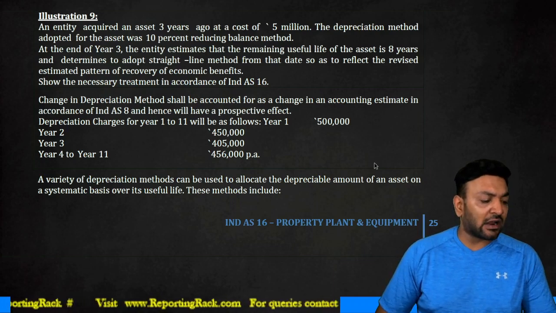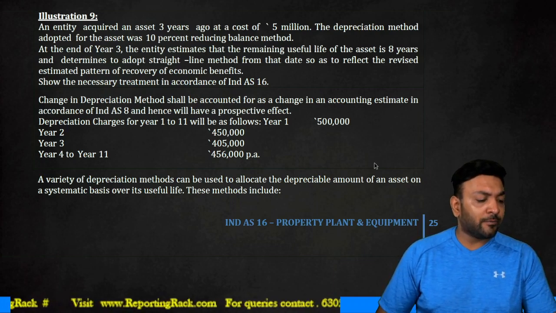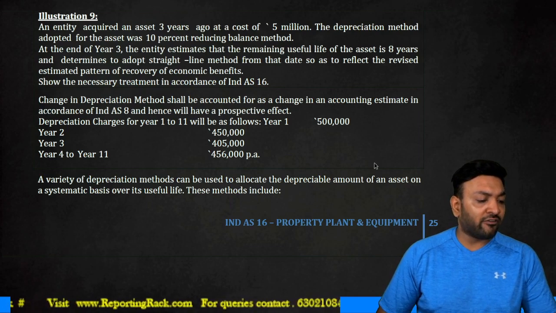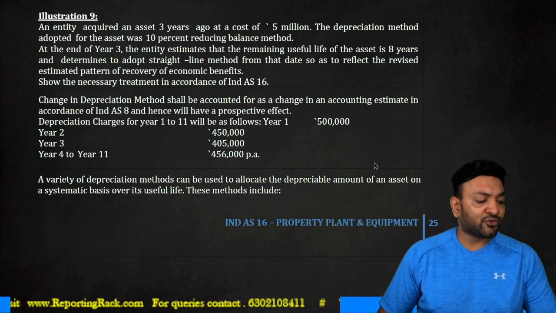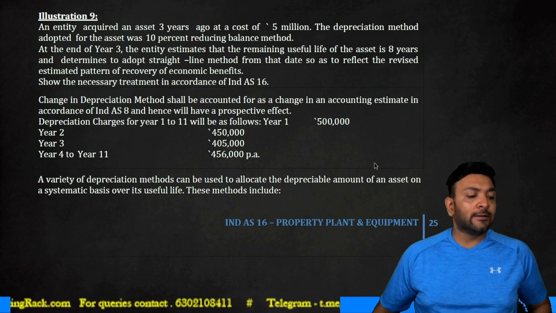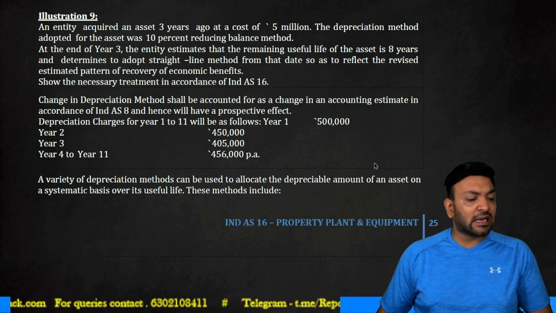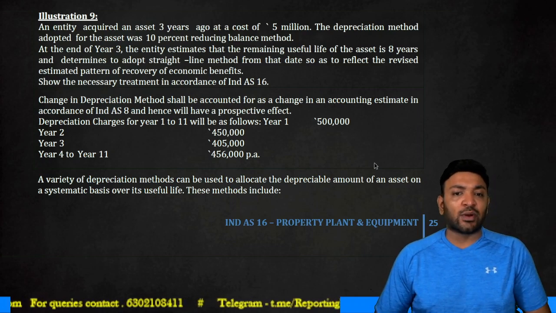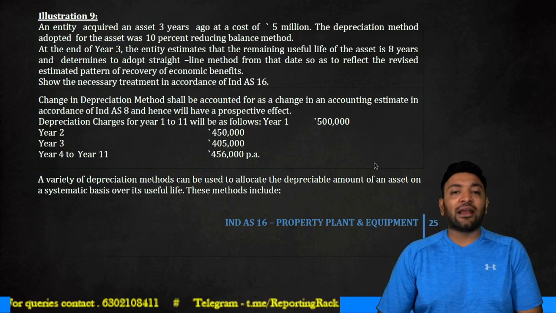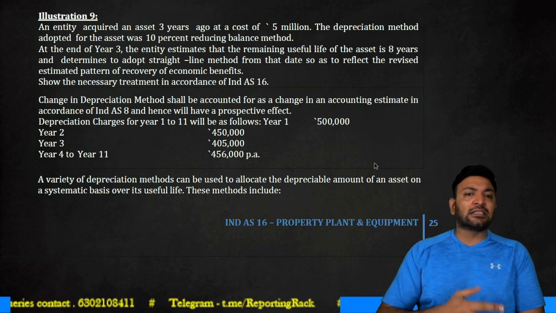Just check guys if our answer is wrong. Minus lakhs is 4 lakh 50,000 minus 4 lakh 5,000. 3,64,000 divided by 8 years. Yes, your answer is 4,55,625. He has written it as 4,56,000. Guys, the answer might have been different.